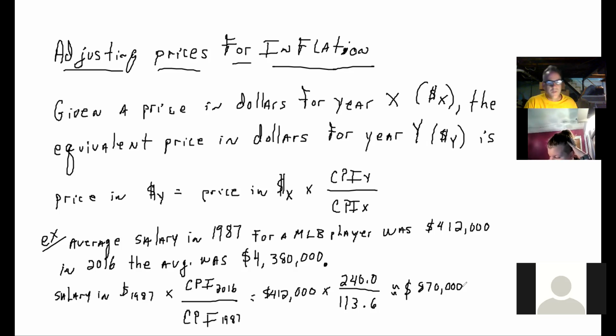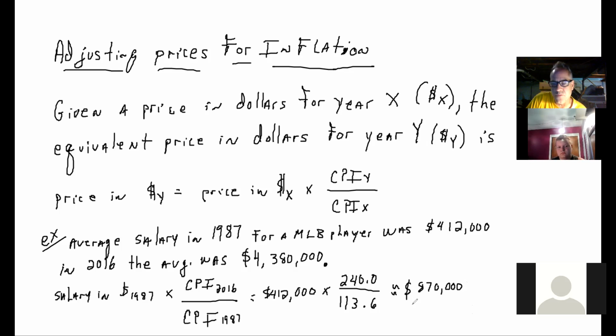So, question. Now that we made this calculation, have the salaries of baseball players far exceeded inflation? What's your gut feeling there? Because remember, this number takes what the average salary was in 1987, adjusting for inflation.